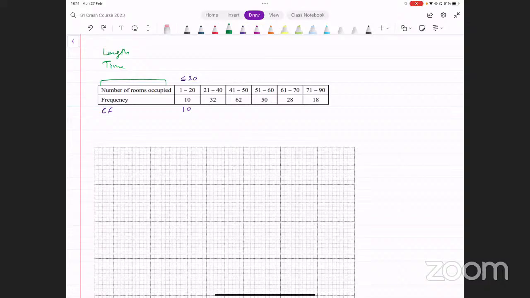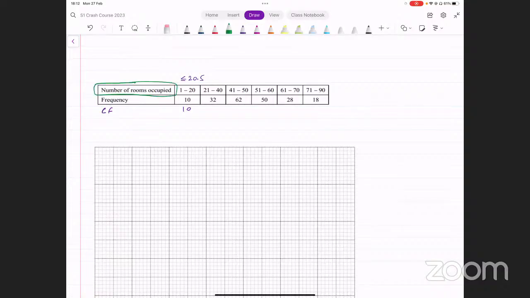In that case, you would need to adjust this interval to 20.5 instead. So rather than plotting 20 on the graph, you would be plotting 20.5 if you had a continuous variable.